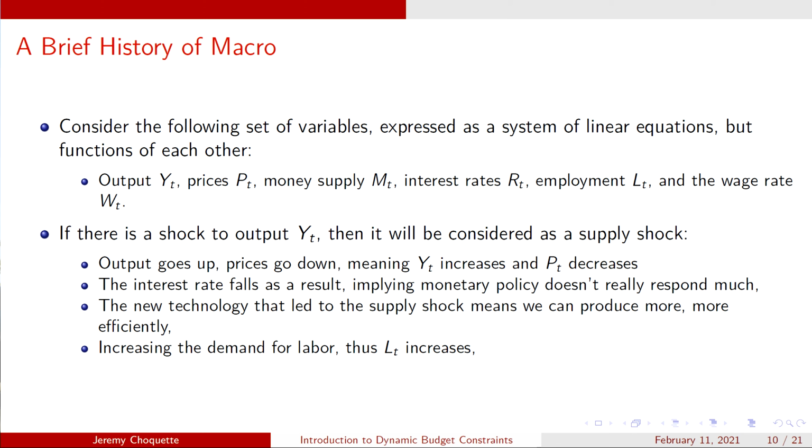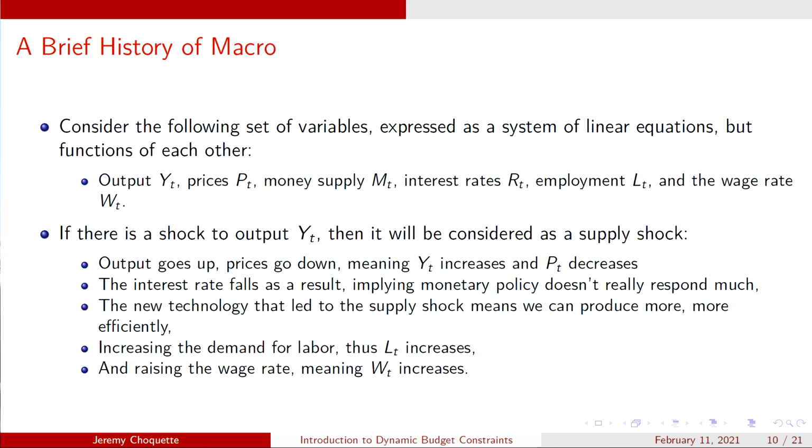We can produce more stuff, and we can do it more efficiently. Prices are falling. Well, it means people are going to want more stuff. The only way we get people to get more stuff is if we get those same people to make more stuff. So labor is going to increase.